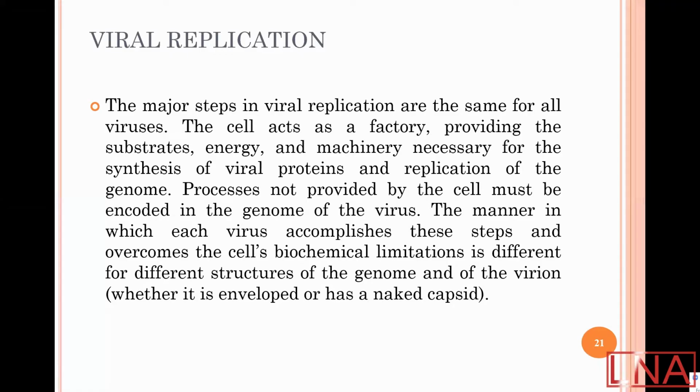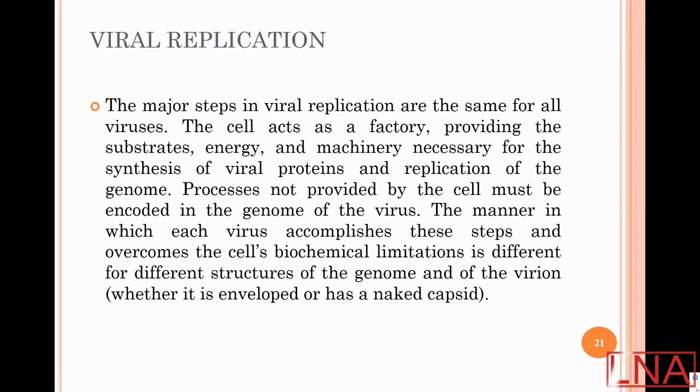So the major steps in viral replication are the same for all viruses, as I said. The cell is used as a factory, and the virus controls this factory to produce its own viral proteins and replicate its own genome.